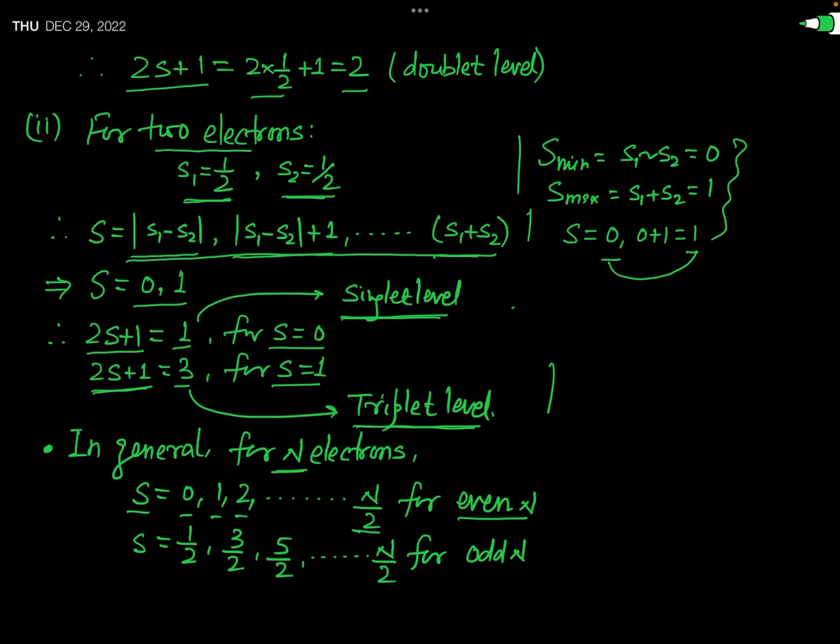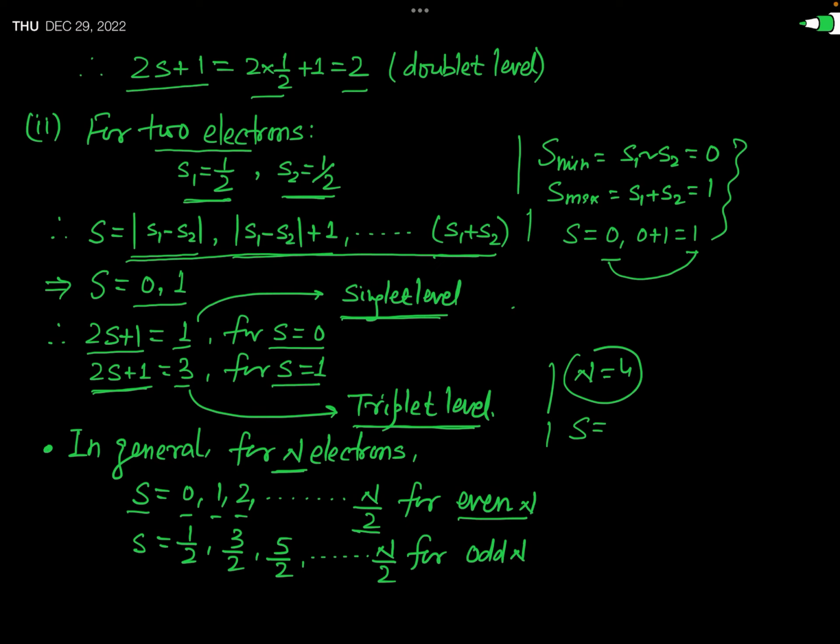For example, if you consider that n is equal to 4, it means there are 4 optical electrons, and a spin correlation effect takes place. Then what will be the total spin quantum number S? Or you can also say, what will be the total spin angular momentum S?